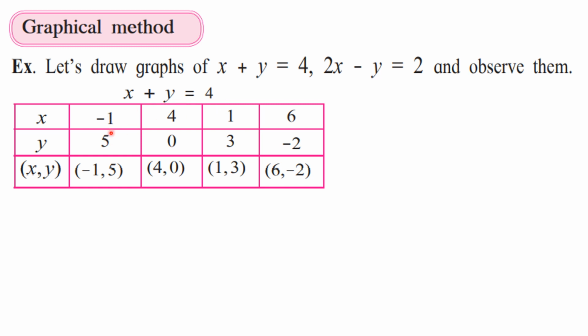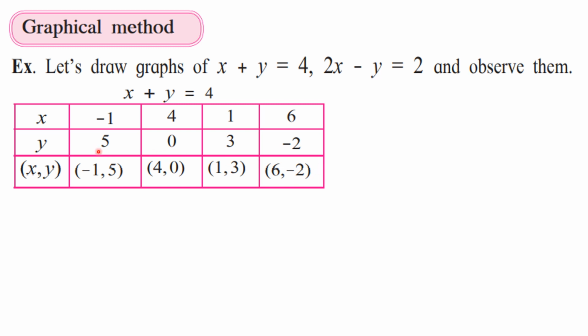It's not that you can write any two numbers here. Like when you write x equal to -1, then this -1 will shift to this side and it will become 4 plus 1, that is 5. So if you put x equal to -1 here, the value of y is 5.